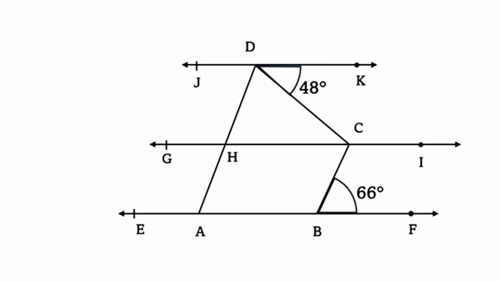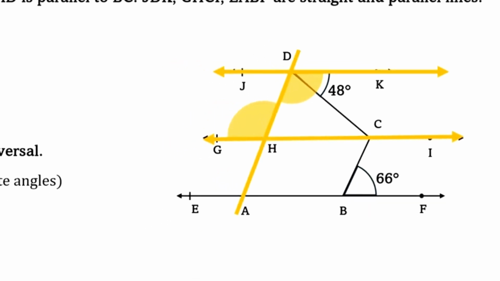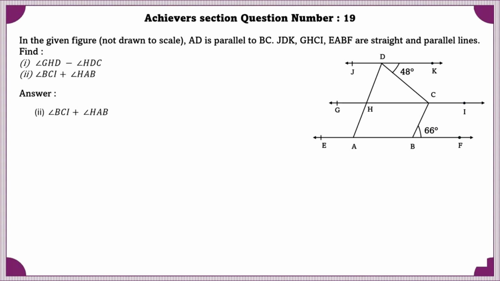Given JDK is parallel to GHCI and DH is a transversal. Angle GDH is equal to angle HDK, that is alternate angles. So we can write this as angle GHD is equal to angle HDC plus 48 degrees. Now we can find the value of angle GHD minus angle HDC, that is 48 degrees.